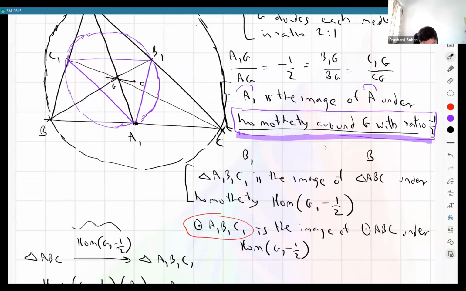If I denote the center of my 9-point circle as N, which is typically the letter we use, then in this diagram, NG upon OG will also be minus half. In other words, G is dividing the segment ON in the ratio 2:1.